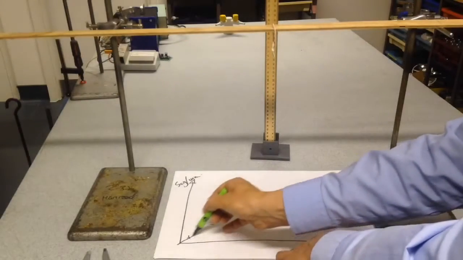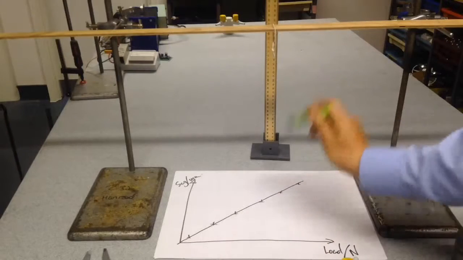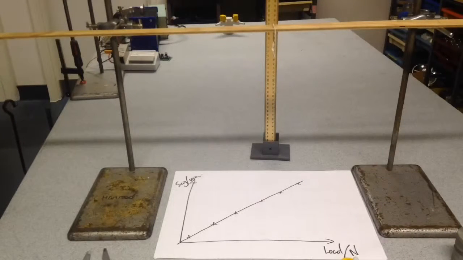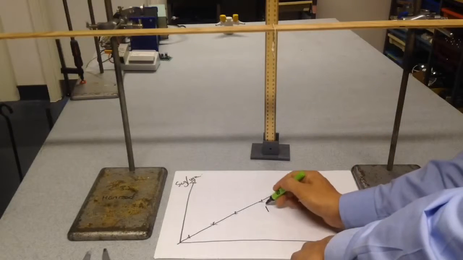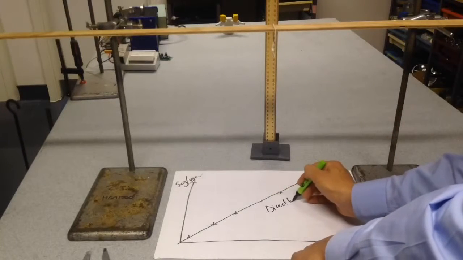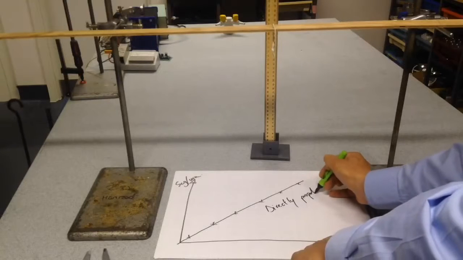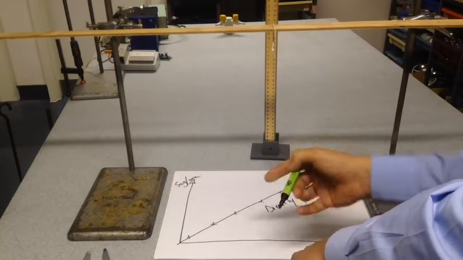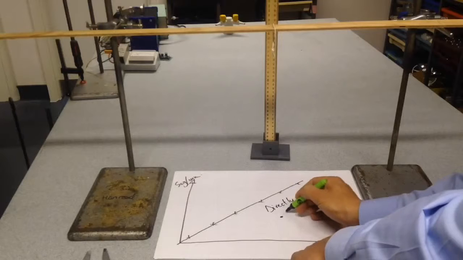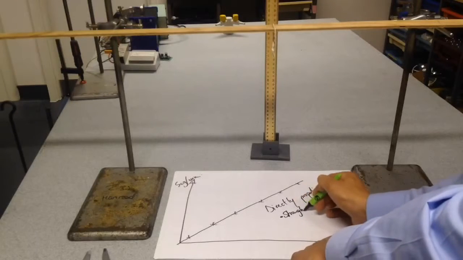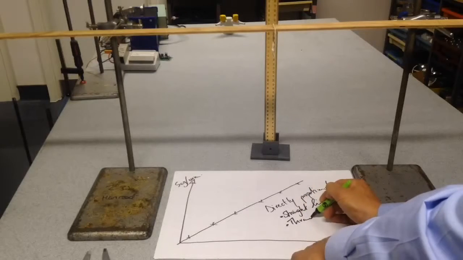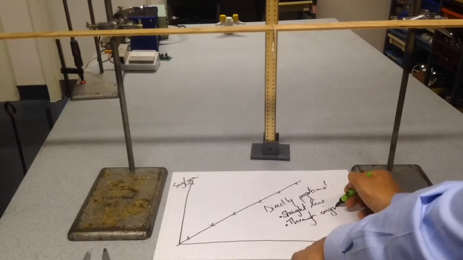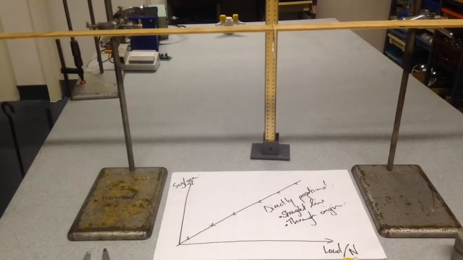Now, having done this before, I know that it's going to be a straight line. In actual fact, it's directly proportional. And what does that mean in effect? Well, it means it's a straight line and it's through the origin. That means directly proportional.